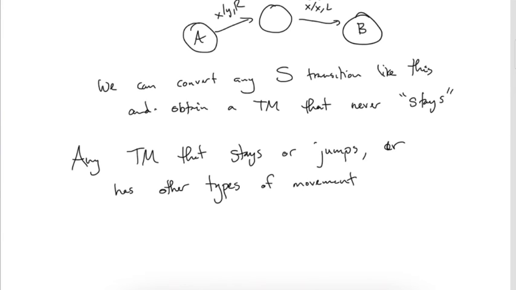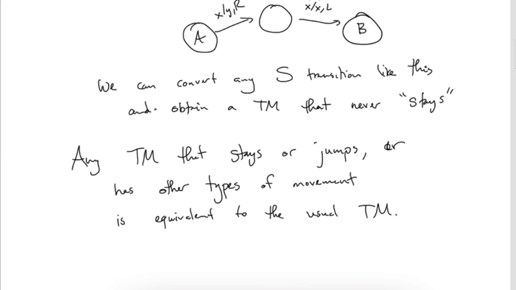There is no benefit in allowing the machine to make other kinds of fancy movements, because any kind of movements that you can imagine like that could be simulated by the ordinary Turing machine anyway. So any Turing machine that stays or jumps or has other types of movement is equivalent to the usual Turing machine, all right?